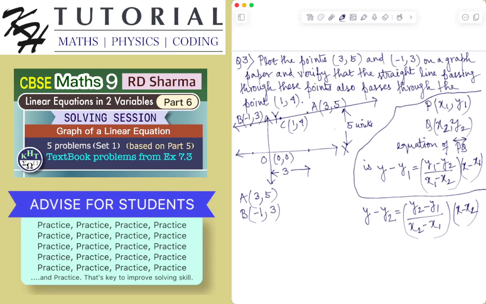I will use the point A as x1, y1. So y minus 5 equals 5 minus 3 divided by 3 minus 1 (that is, 3 minus minus 1), multiplied by x minus 3. Simplifying the right hand side, I get 2 by 4 multiplied by x minus 3, which is x minus 3 by 2. So y minus 5 is equal to x minus 3 by 2.